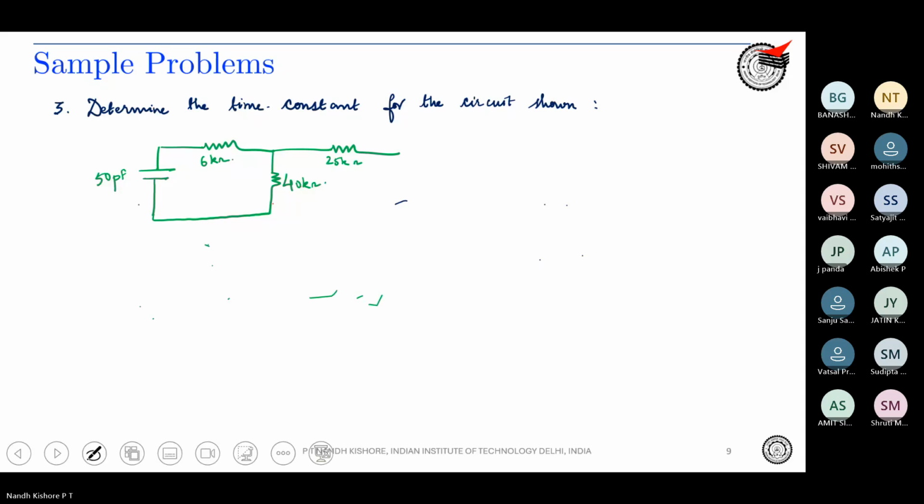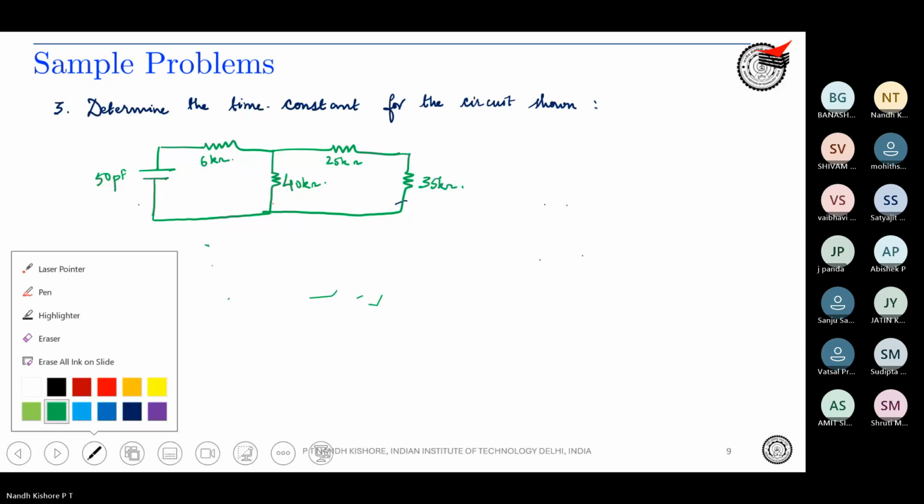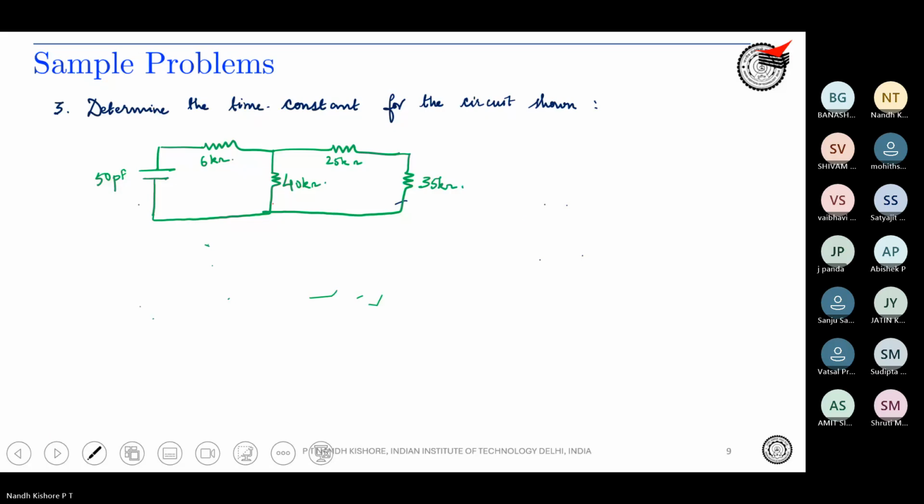Time constant is what we call tau. For an RC circuit, the time constant is R into C. You have to find out what R equivalent and C equivalent are for the circuit.